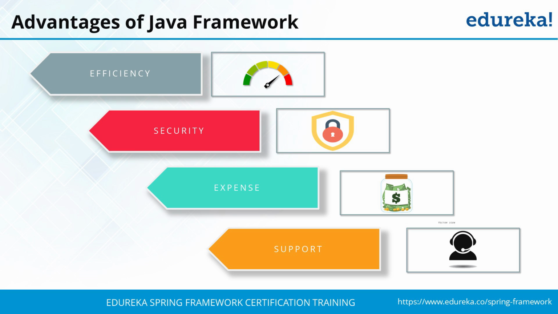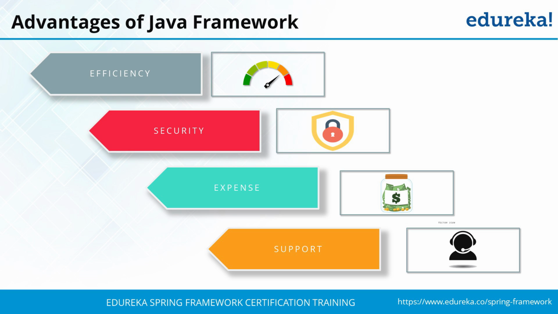Now, what are the advantages of a Java framework? The first is efficiency. We want security, lower expenses and support. All these features are an expectation at the developer end. When you are writing code using a framework, using predefined code, you can relax on all four fronts.